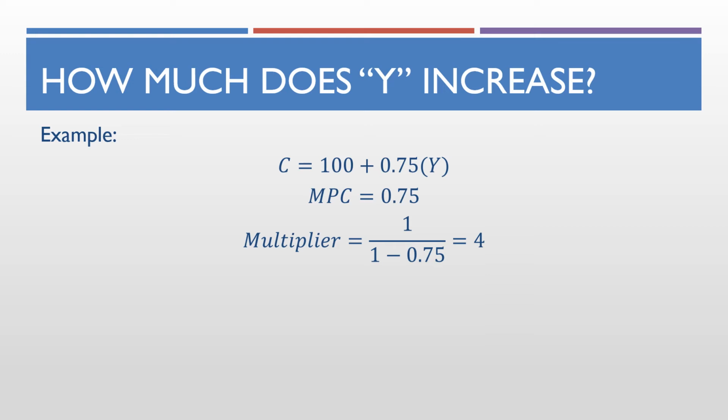Now the intuition of this answer is important. It means that for every one additional dollar that people spend in the economy, the new equilibrium in the economy will actually increase by $4 in value. Remember, it doesn't just increase by that one additional dollar spent in the economy, because people keep spending a portion, and a portion, and a portion of that dollar.